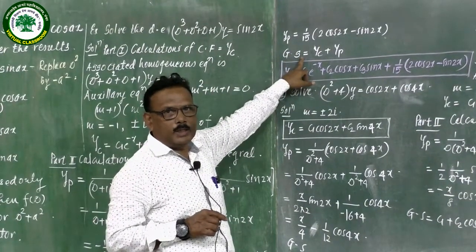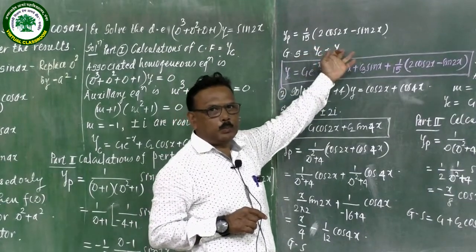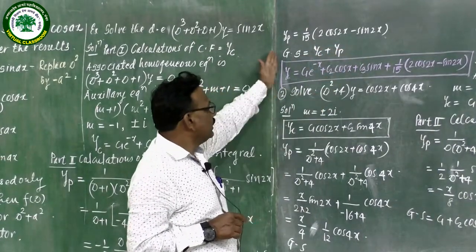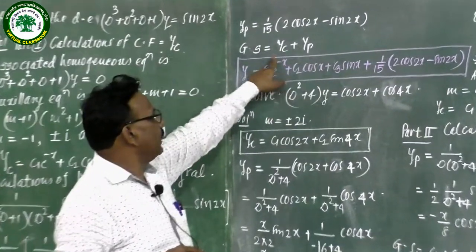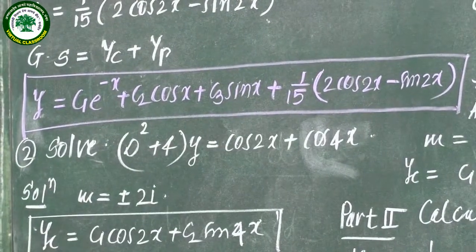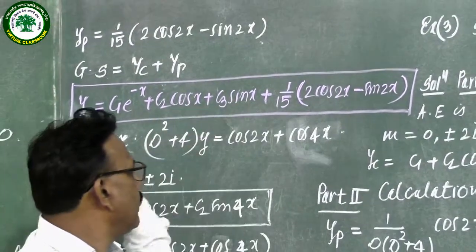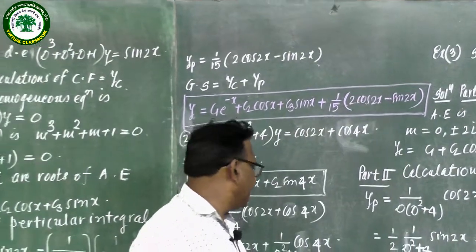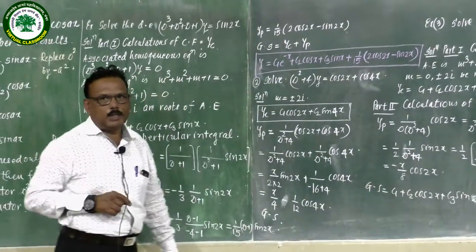Then the general solution is yc plus yp, that is complementary function plus particular integral, which is written in this form: c1 e raised to minus x plus c2 cos x plus c3 sin x, because these roots are minus 1 and plus minus i, and the particular integral is what we have just calculated. The general solution is written this way.